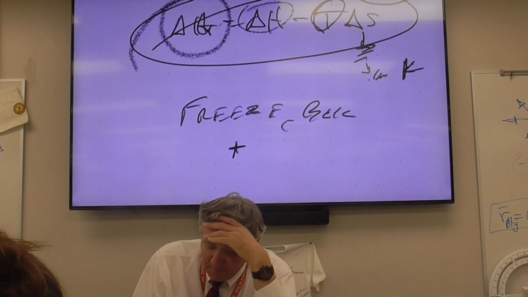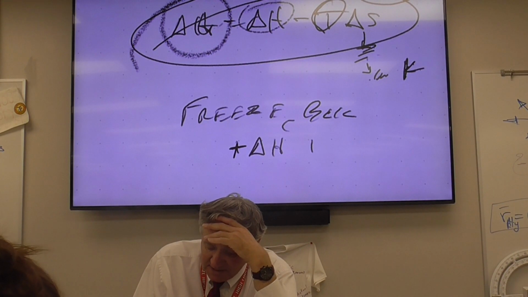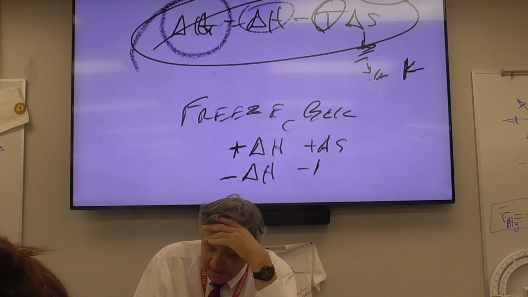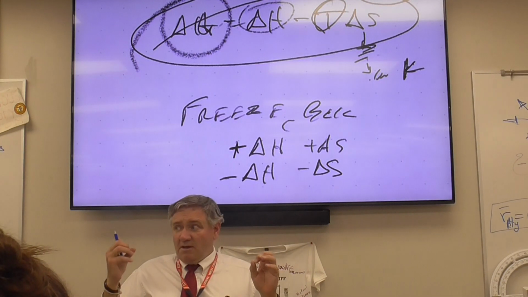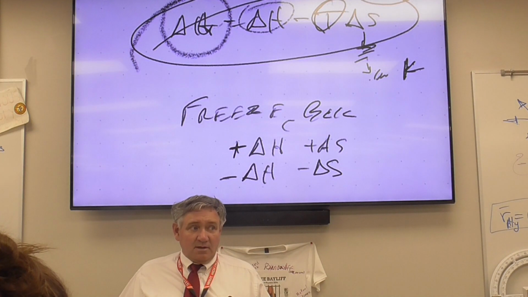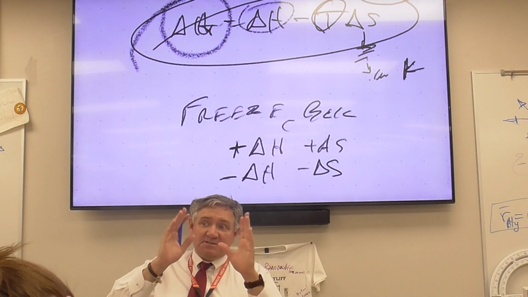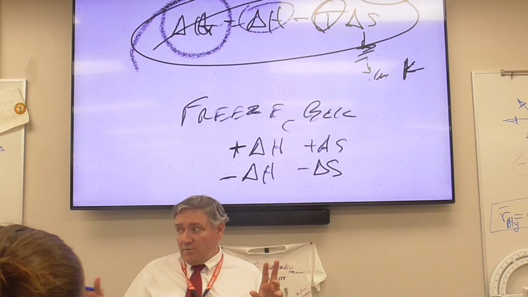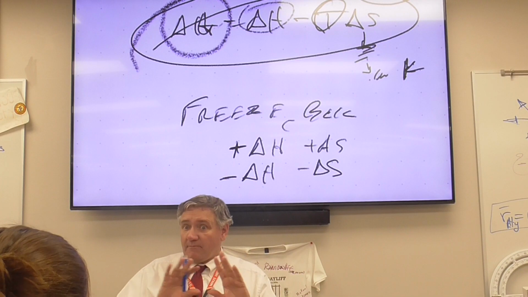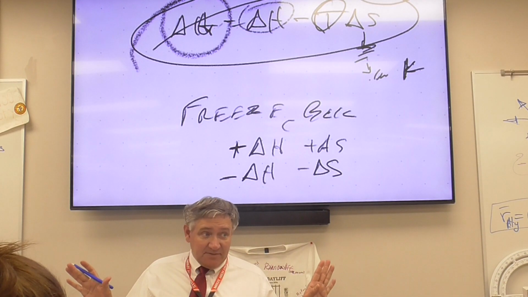That means you're going to have a positive delta H and a positive delta S, or you're going to have a negative delta H and a negative delta S. So as soon as you see those key words, and you see, hey, this happens at a specific temperature, that means they're either both positive or they're both negative, okay? Otherwise, they wouldn't have to have that temperature.